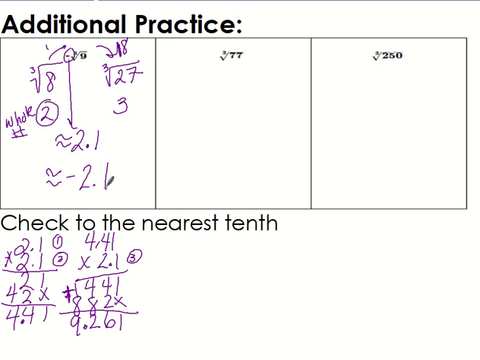Okay, so let's do the cube root of 77. So we would have the cube root of 64, right? That's 4. Cube root of 125, which is 5.